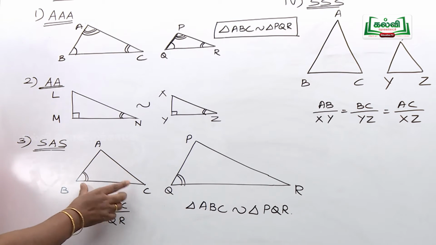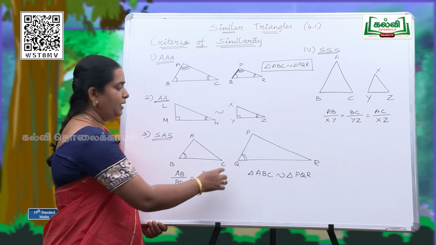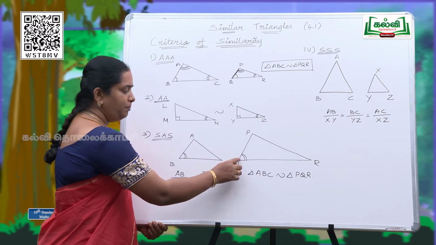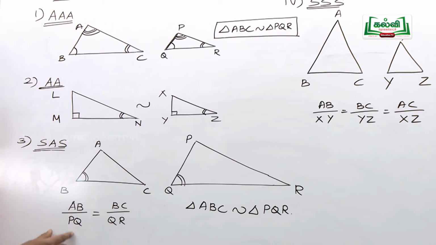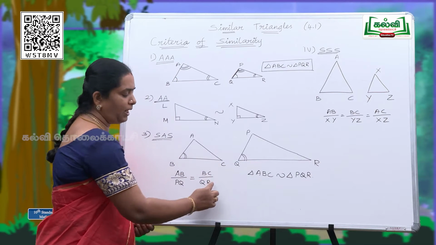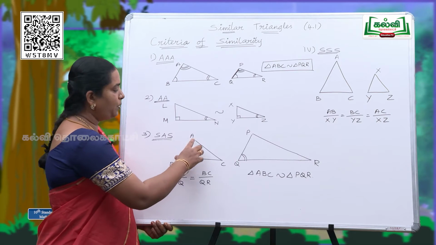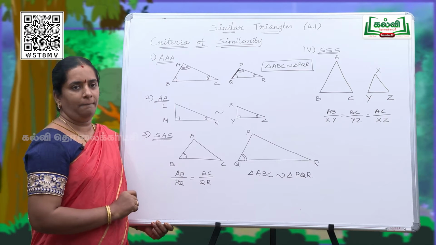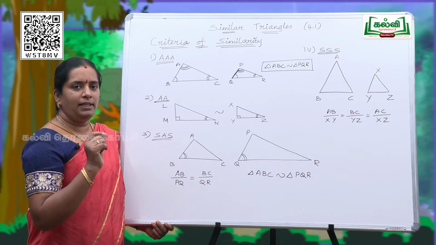So AB and BC have angle B as the interior angle, and here also PQ and QR are the arms which make the angle Q. If AB by PQ is a ratio which is equal to BC by QR, we can say that these two triangles are similar. That is, the proportion of the sides which contain the equal angles should be equal.